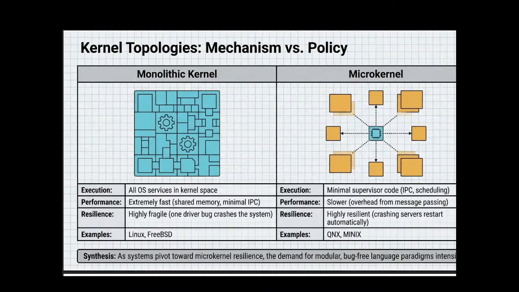Let's take monolithic: it is shaped on a single crystal. It is made on one platform itself, and all the execution services will operate in one kernel space. Performance-wise, it is extremely fast because it shares memory and has minimal interprocess communication.